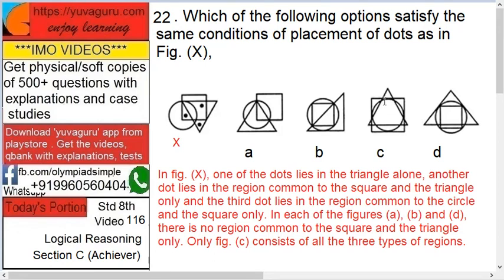One region common to circle and square, that is also there. So option C contains all the requirements. So the answer is C. Pause this video. Observe it properly because observation is the only key to these problems.